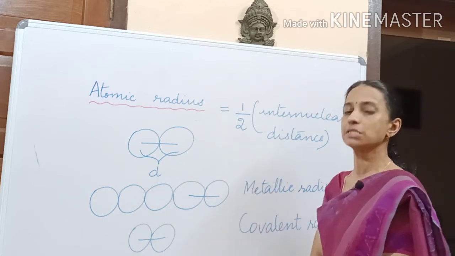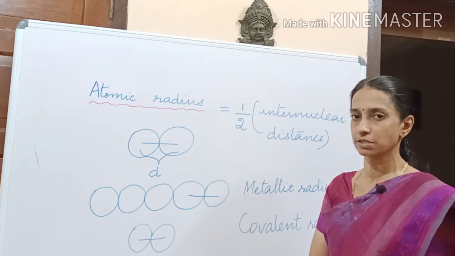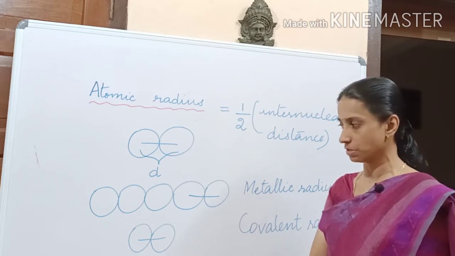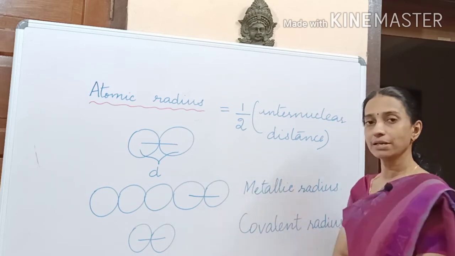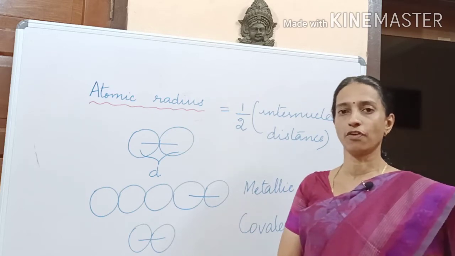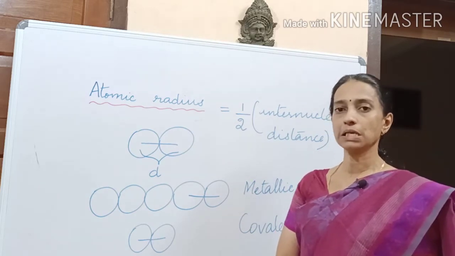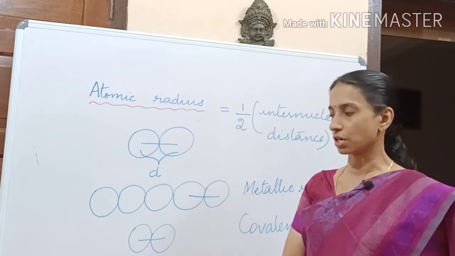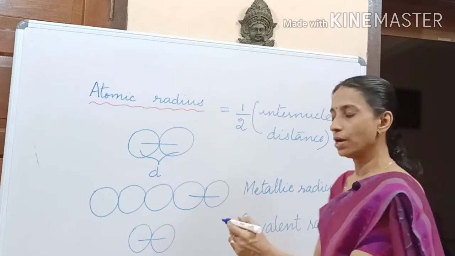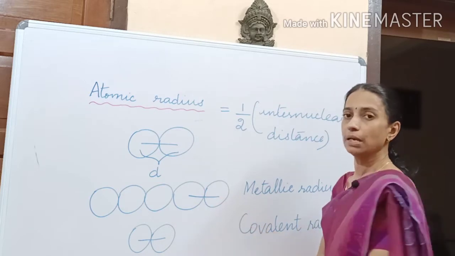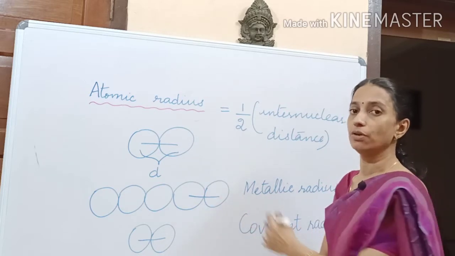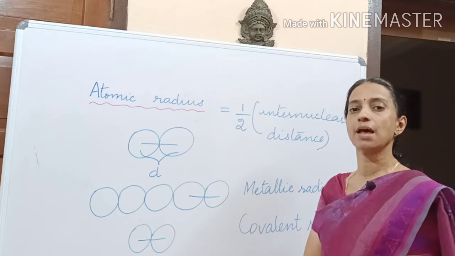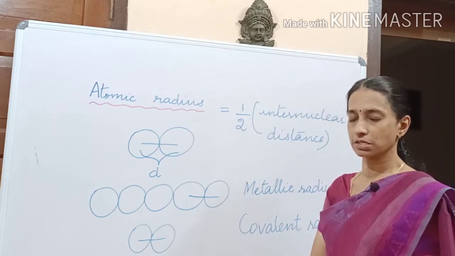Atomic radius means half the internuclear distance between the neighboring atoms, whereas metallic radius is particular to metals. In the metal lattice, that is in the solid state, they have fixed structures, and the distance between neighboring metal atoms becomes the internuclear distance.